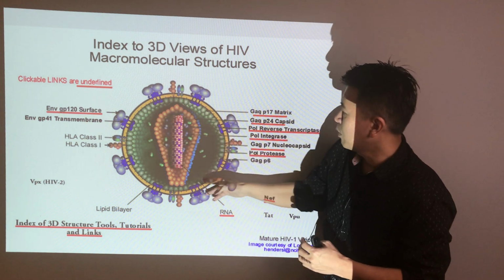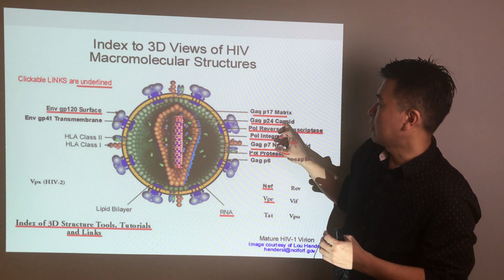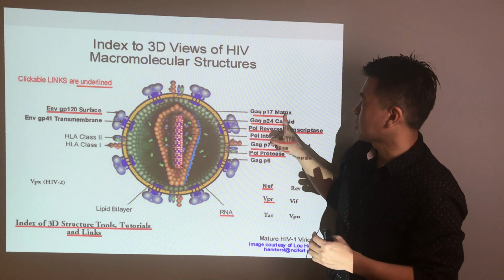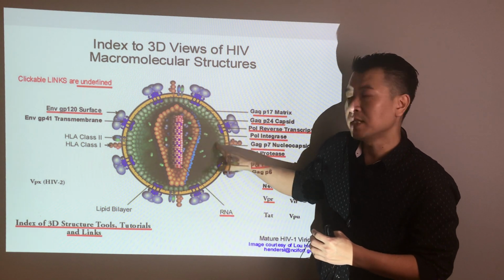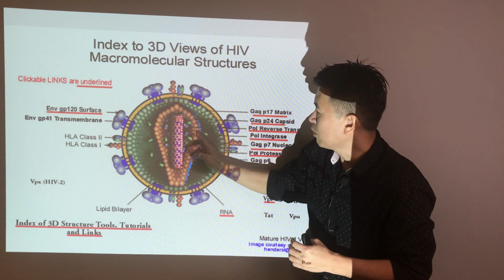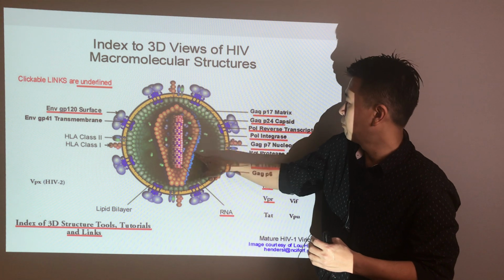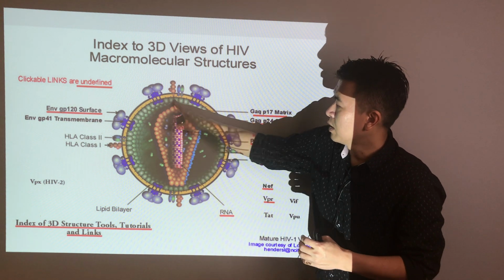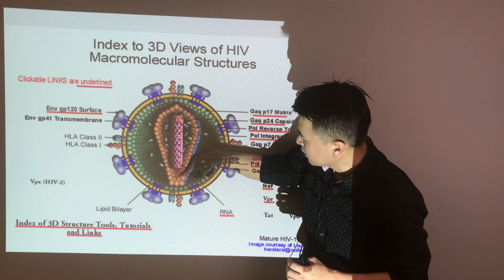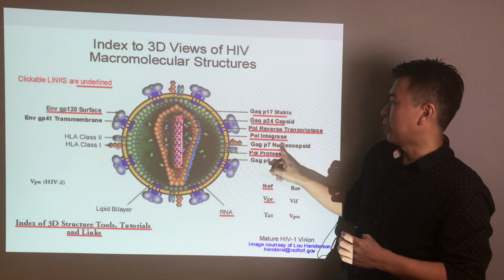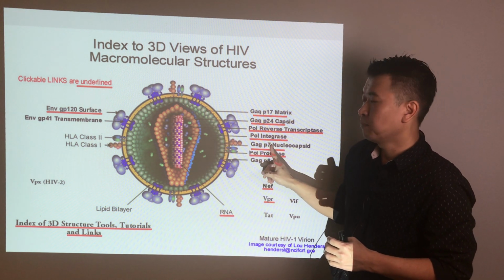So underneath here, we have the matrix protein, the green, which is p17. Then moving inwards, the orange color is the capsid, p24. And inside the capsid, we have the RNA, and the RNA is surrounded by nucleocapsid protein, p7.